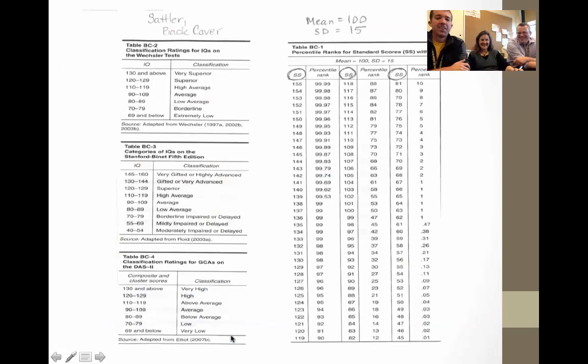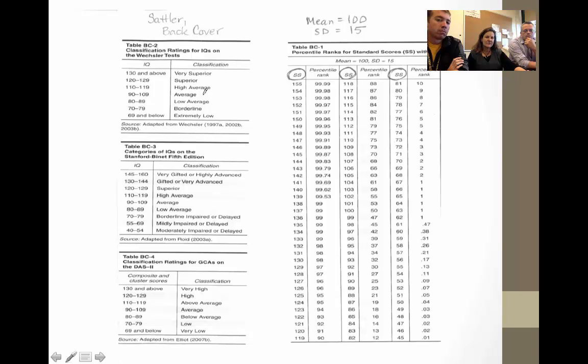Okay. So this chart that you're looking at is from the back of one of the textbooks that I had when I went through my training program, and now I use it with my graduate students. What you see up here are your different IQ tests. This one is the Wechsler, probably the most famous one, the one best known in our system. They take the standard scores on the IQ test and give a verbal classification.